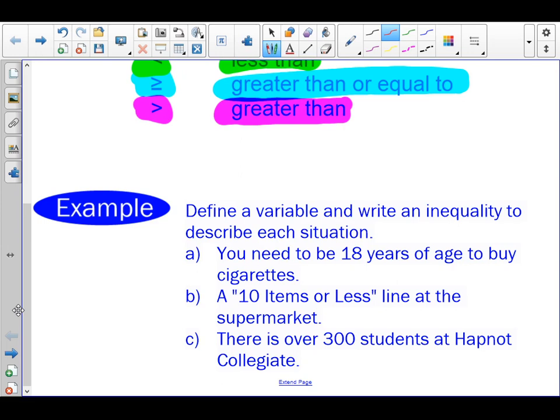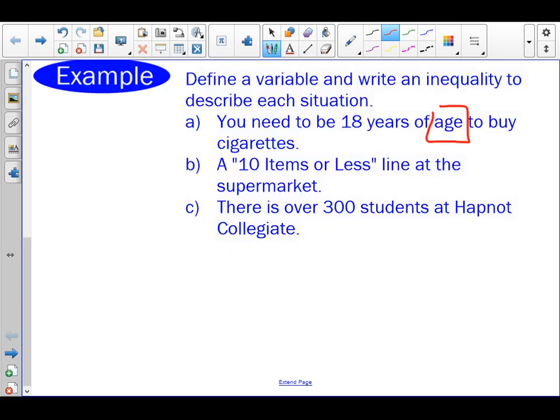So when we take a look at this situation in the first example, you need to be 18 years of age to buy cigarettes. What's the variable? What's the number that can change? The number that can change is the age. The age is the variable. How do we define it?